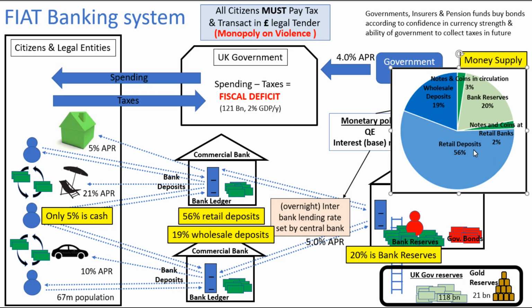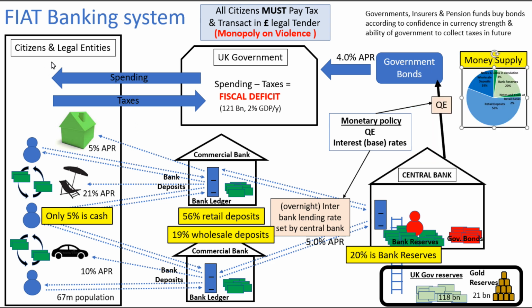So the vast majority of the money supply is these retail deposits, which is where individuals owe the bank money because they've got a mortgage on a house or on their credit card, and also just their normal bank balances, which is where actually the bank owes you the money. And then the wholesale deposits being balances owned by legal entities and large financial institutions, which are also stored digitally as records of debt on computer ledgers.